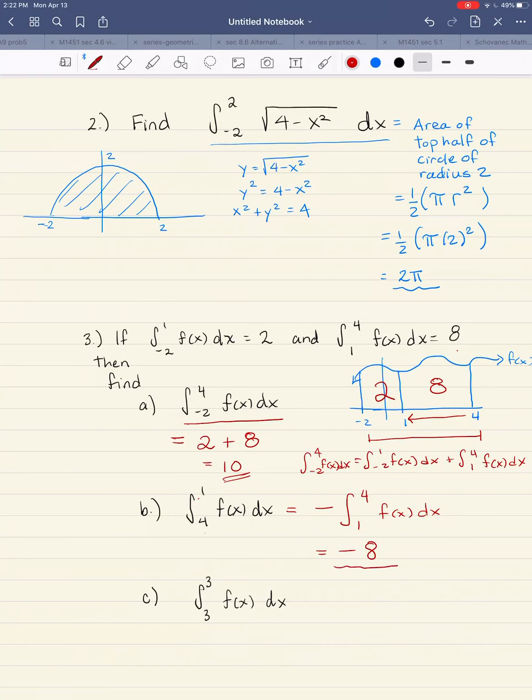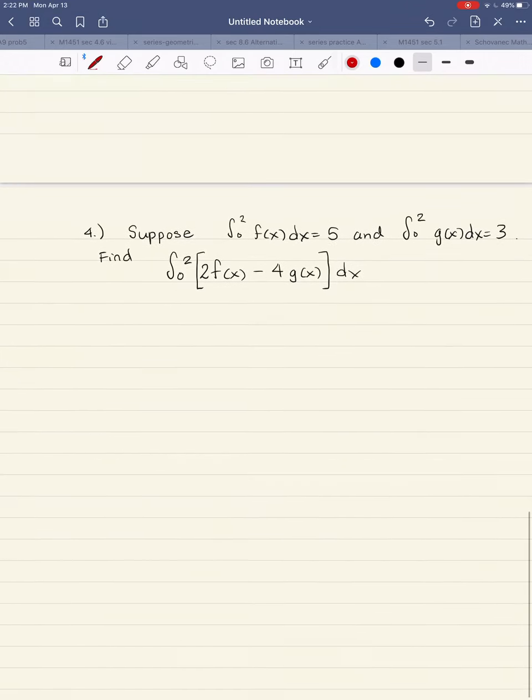Then the integral from 1 to 4 was 8, so the integral from 4 to 1 is -8. Finally, in part C, the area underneath a single point is going to be defined by 0 because the width of that one rectangle is 0. There's the properties of the definite integral.